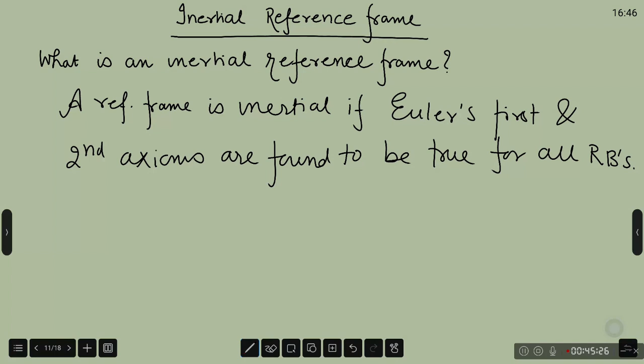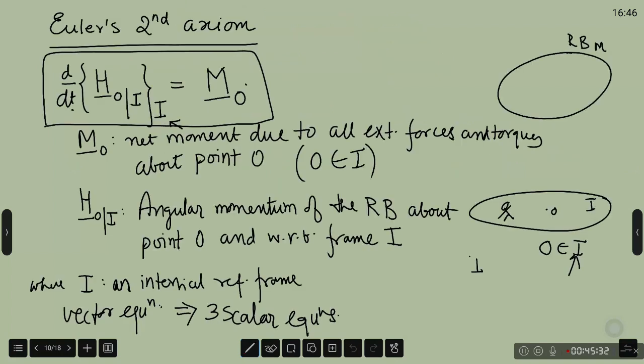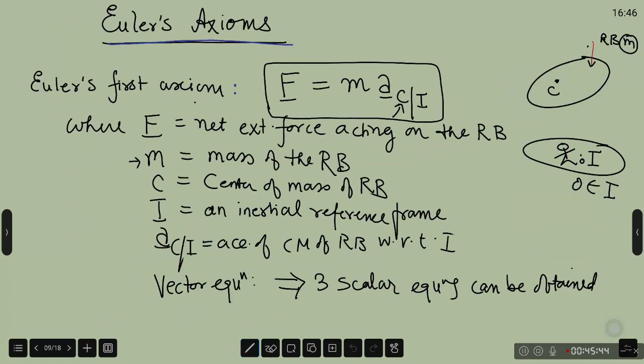In other words, what Euler's axioms are telling us is that there exists a frame I in which the rate of change of angular momentum of the RB about point O will be the net moment due to all forces, and the net force acting on the RB will be mass times acceleration of the center of mass with respect to I. There exists a frame. How do we find that frame?